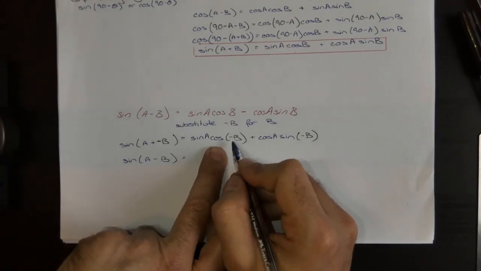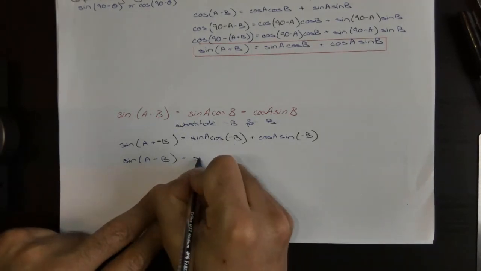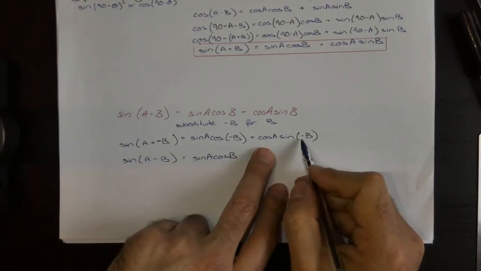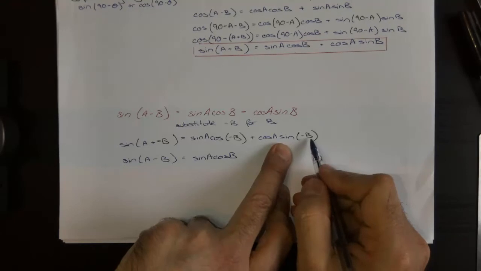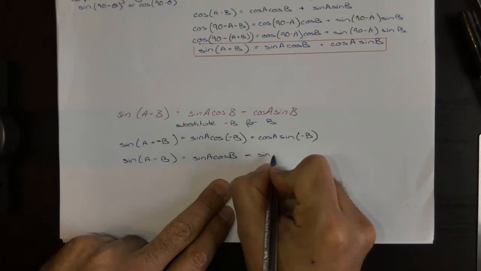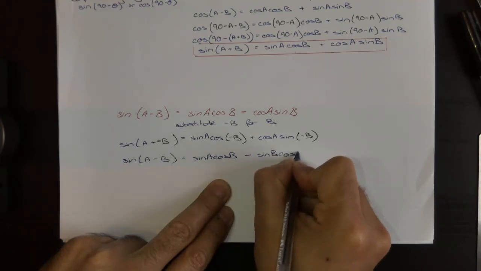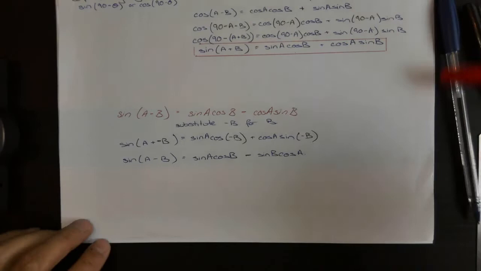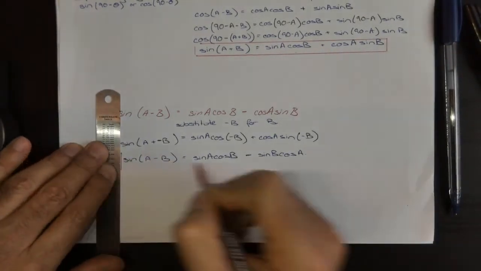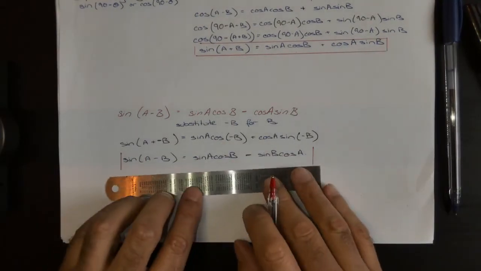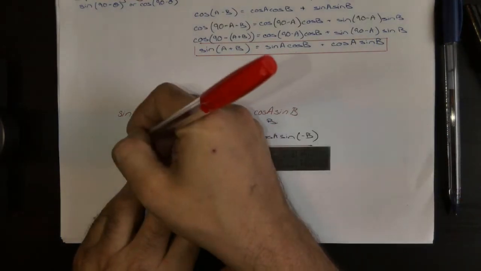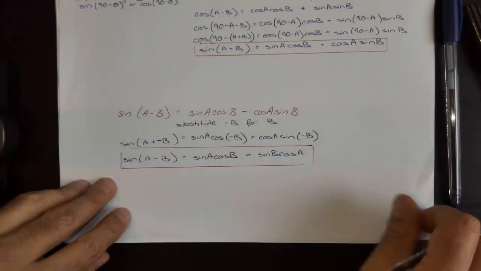Cos of negative B is the same as cos of B, so that's sine A cos B. And sine of negative B is negative sine, so now it's becoming negative sine B cos A. And that is the fourth identity. So when you're subtracting two angles in sine, it's sine and cos of each angle, subtracted. The symbol stays the same.